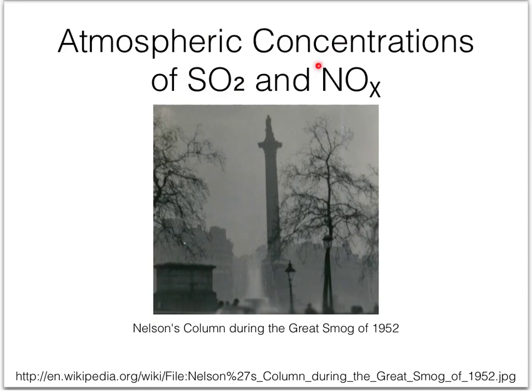Nitric oxide, NO, and nitrogen dioxide, NO2, which are collectively known as NOx, along with hydrocarbons released by motor vehicles with the action of sunlight, led to the production of ozone, which is also a respiratory system irritant, and this mix of chemicals is called photochemical smog.